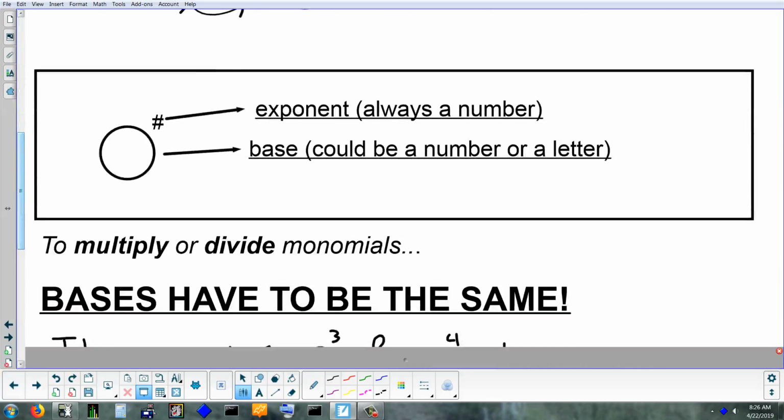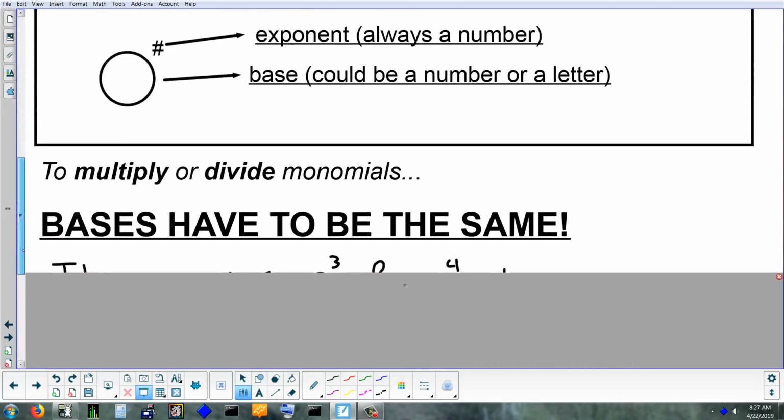Anytime you want to do multiplication or division, you have to have the same base. Think of it as combining like terms. If they're not the same base, they're not like terms. You can't put them together. Now, how do you put them together? We haven't said that yet. But if they are the same base, there's a way to do it. Certain rules.